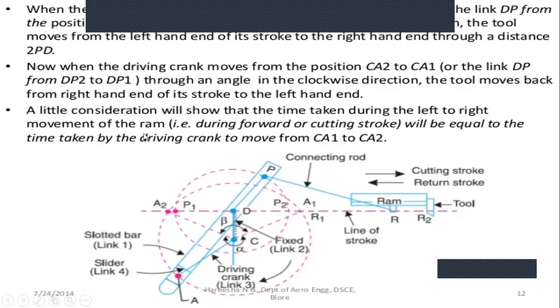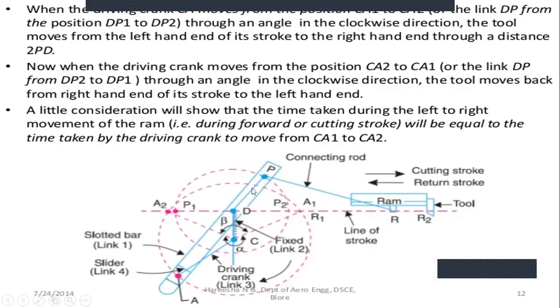The tool stroke moves from the left hand end of the stroke to the right hand, that is from R1 to R2 position, at a distance of 2 times PD. PD is the position of the upper, small crank.